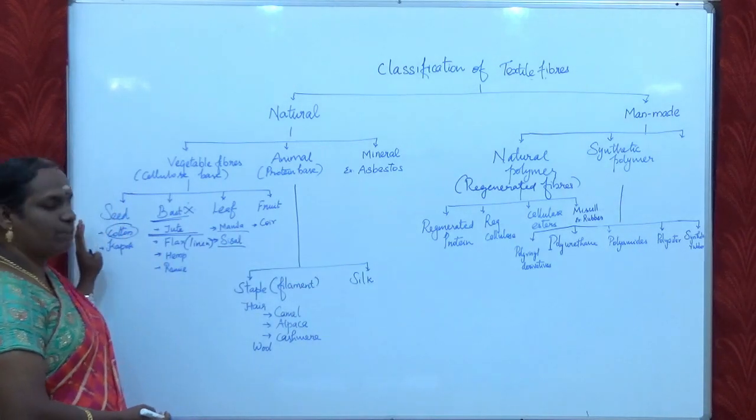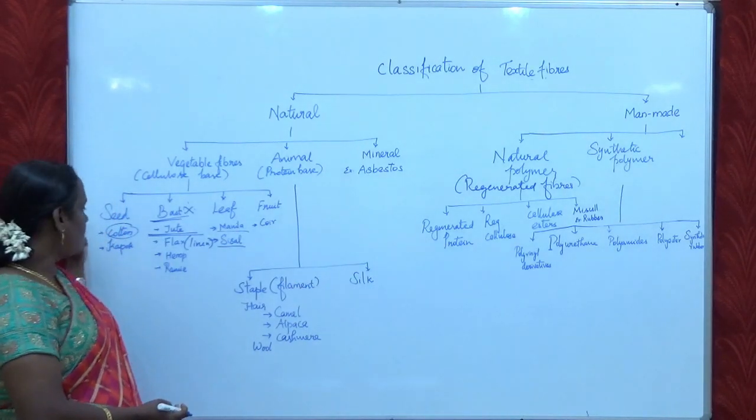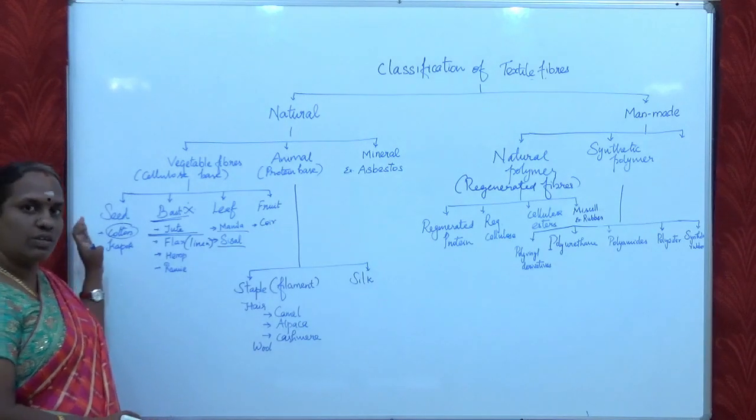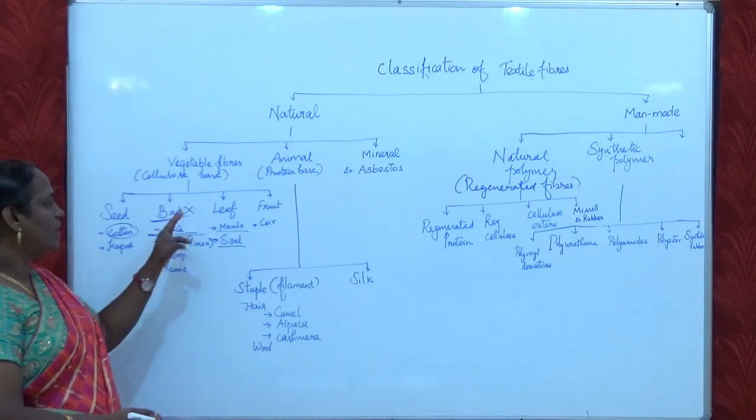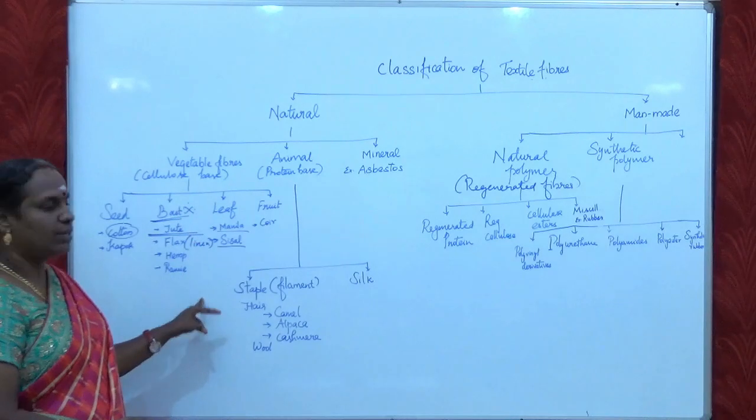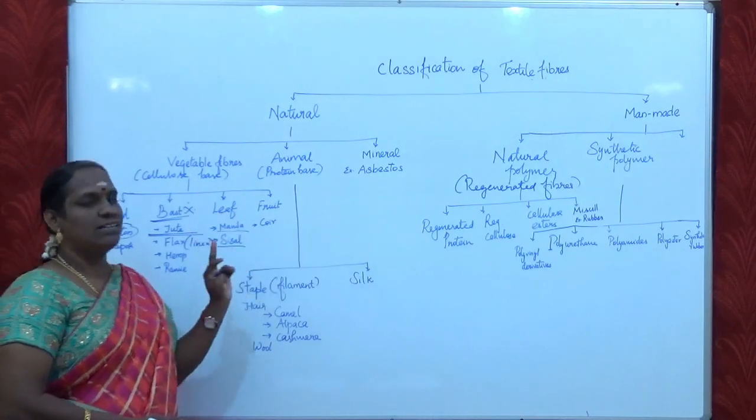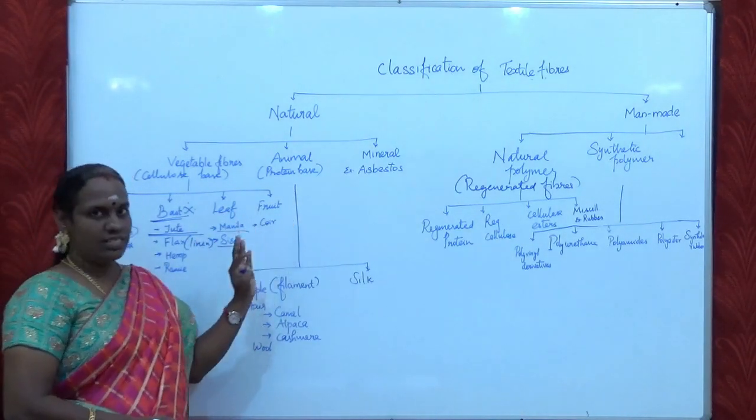Cotton, the king of fibers, is an example of seed fiber, these are the bast fibers, these are the leaf fibers, and an example of fruit fiber is coir.